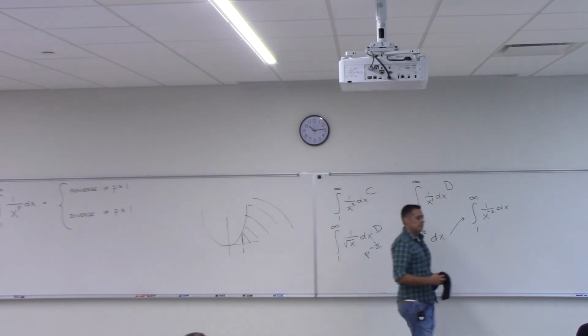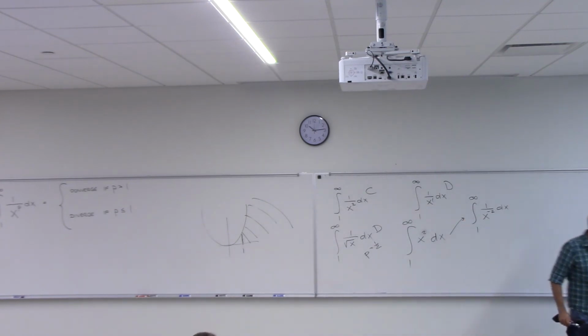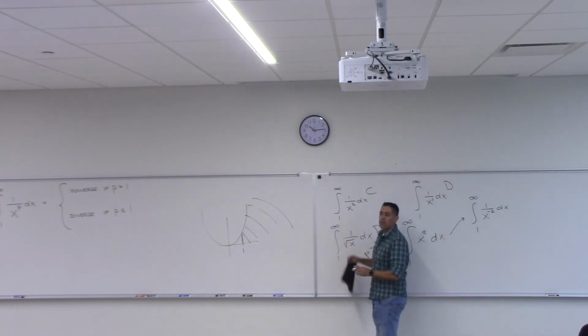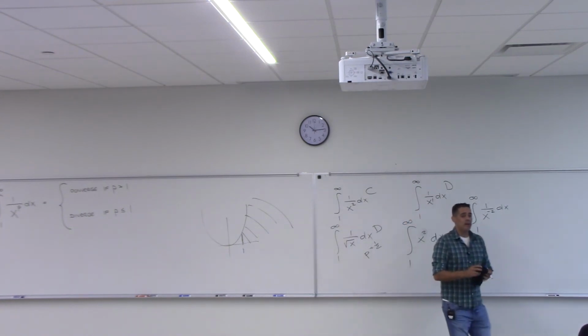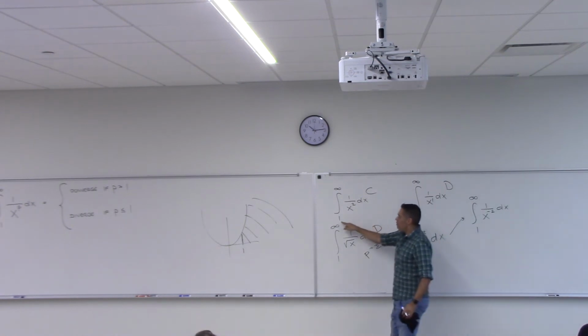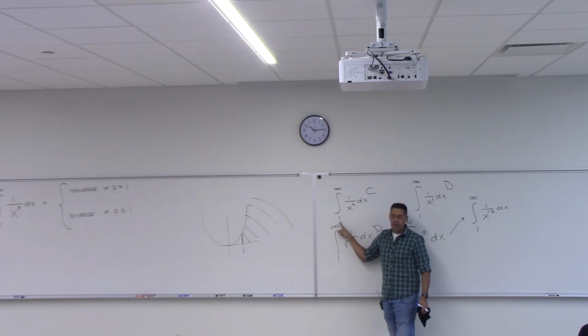Does it matter if it's just besides 1, would it matter otherwise? Great question. The question is, if I change this number 1 to another number, does it change the answer? Yes and no. As long as this number is bigger than 0, it doesn't change.